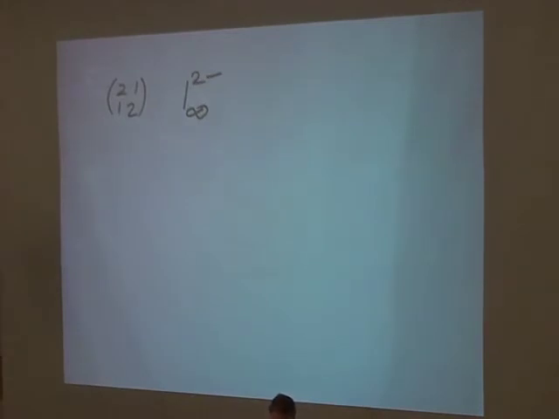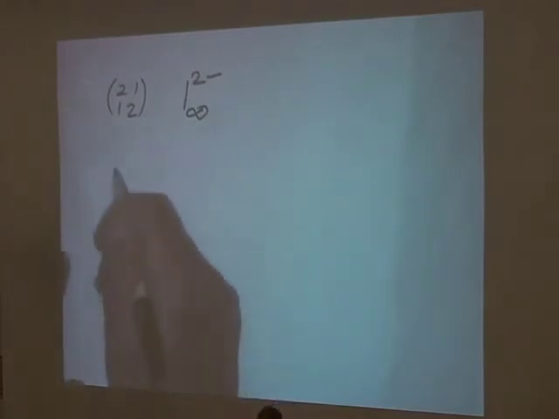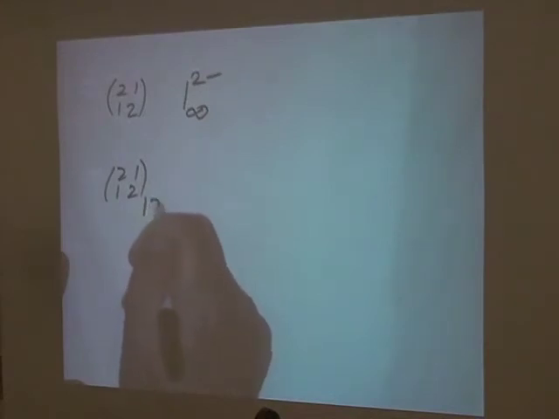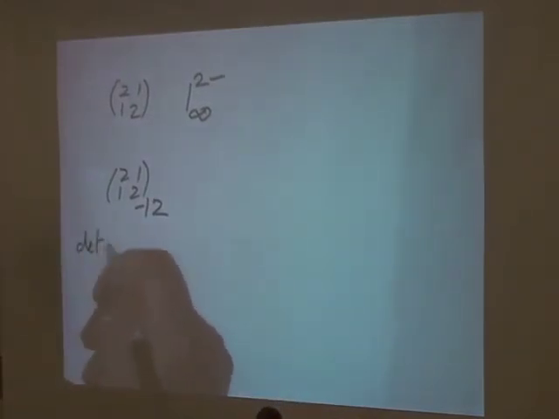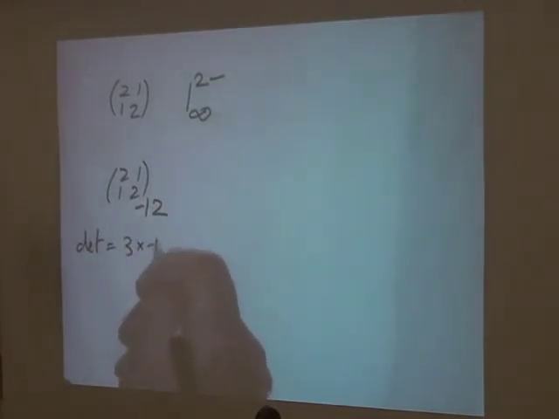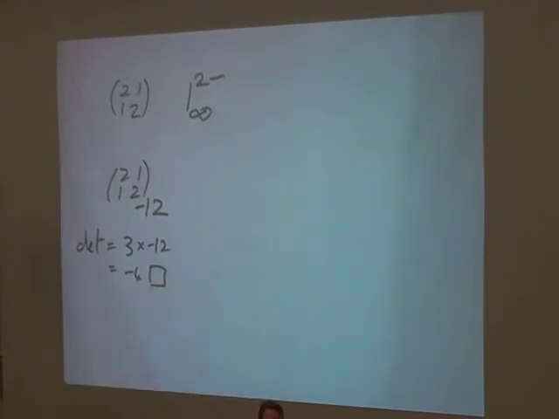We wanted determinant -4 altogether. How are we going to get that? Well, this does it. No, -12. That does it. The determinant of this is 3 times -12 equals -4 times a square. Okay, so that's a permissible two-adic form of determinant -4.